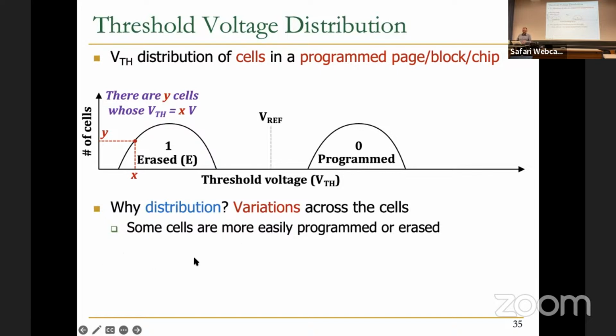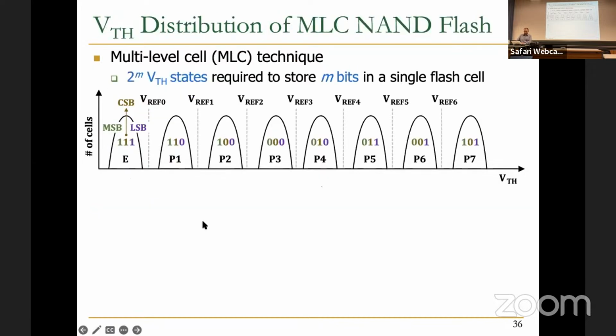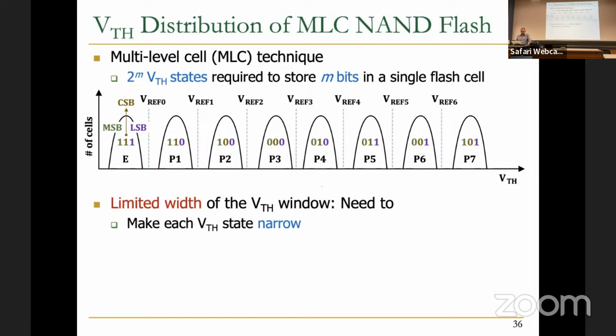Some cells are more easily programmed or erased, so that's why we get some distribution here. This is also how we get to multi-level cell. In order to have m bits per cell, we need to keep 2 to the power m threshold voltage states. Here we are showing 8 regions, and with that you can encode 3 bits, LSB, CSB, and MSB, meaning you can store 3 pages in your word line.